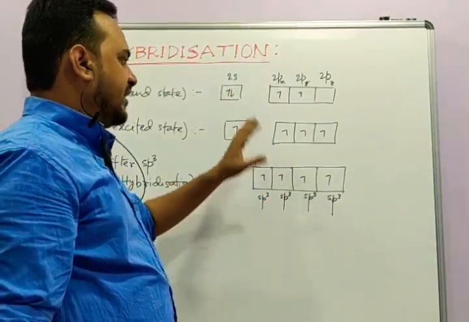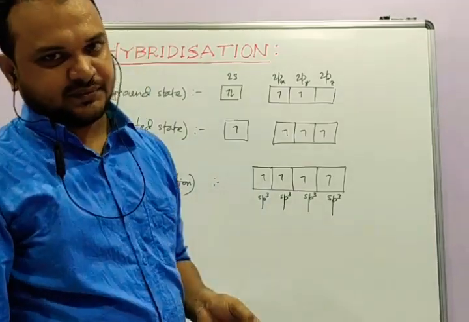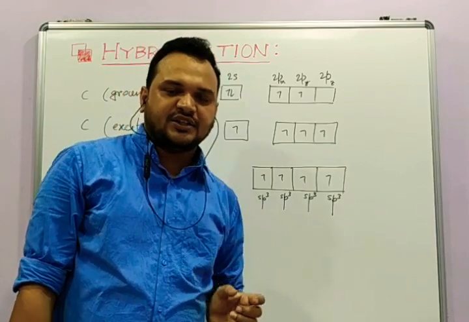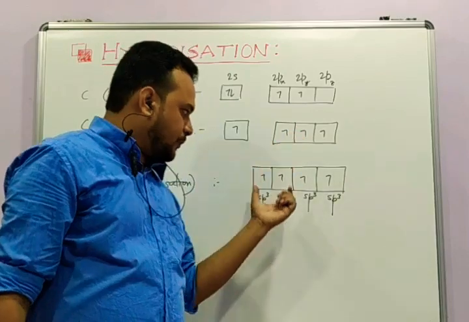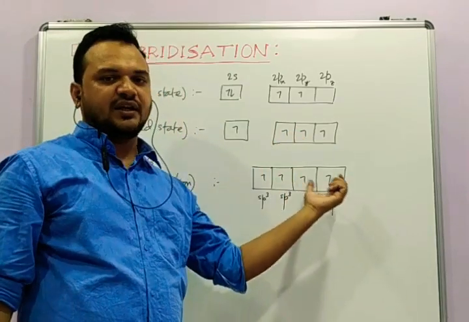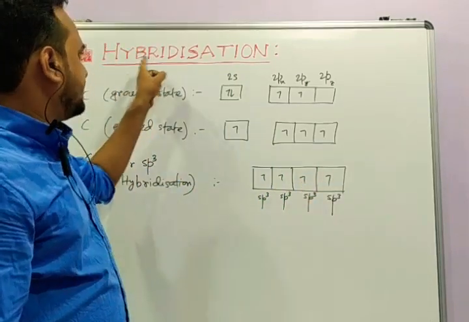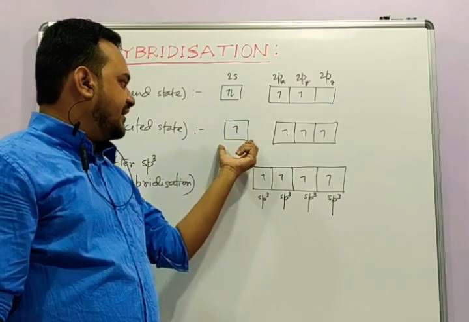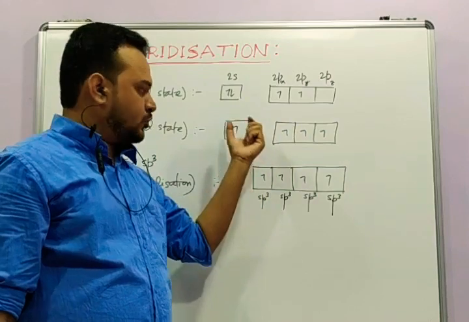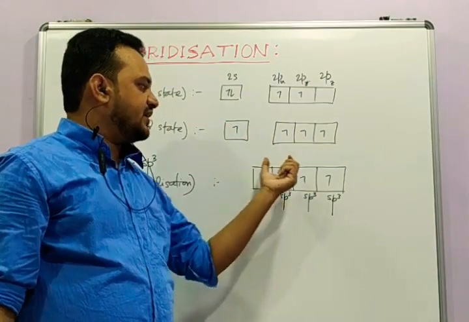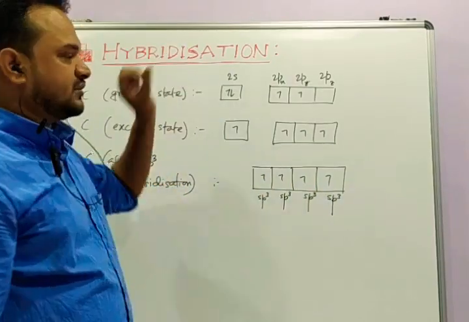So how can we define the process of hybridization? Hybridization is a process in which energetically non-equivalent atomic orbitals are mixed to produce energetically equivalent hybrid orbitals. This is the process of hybridization.